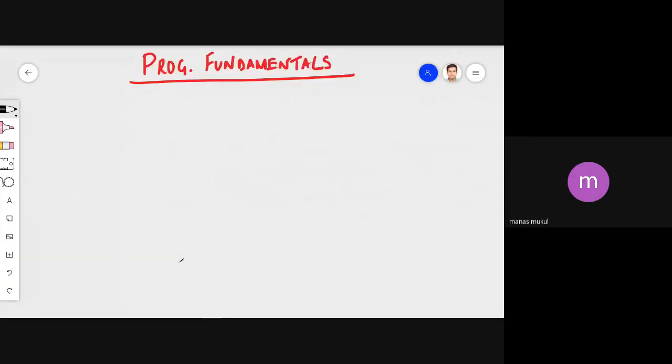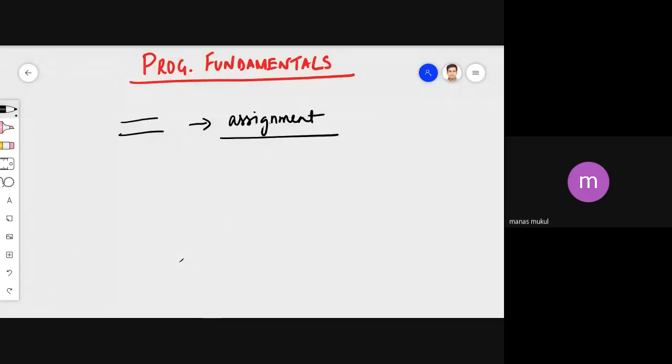Everybody is familiar with this right now. The first operator that we're going to discuss is this. What is the name given to this operator? It is called an assignment operator. You have used it many times.